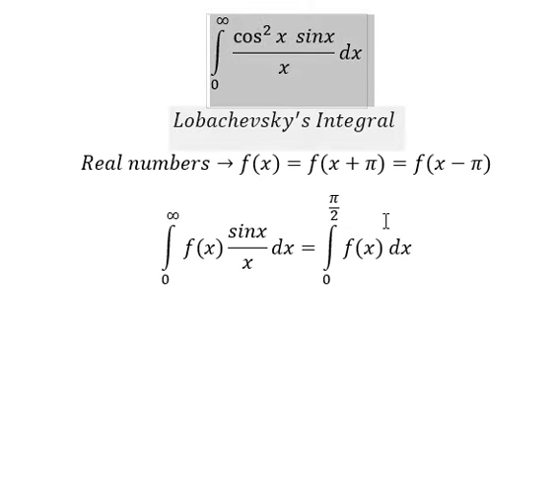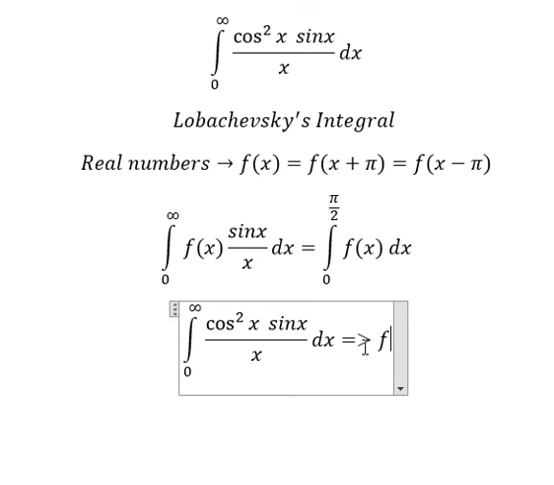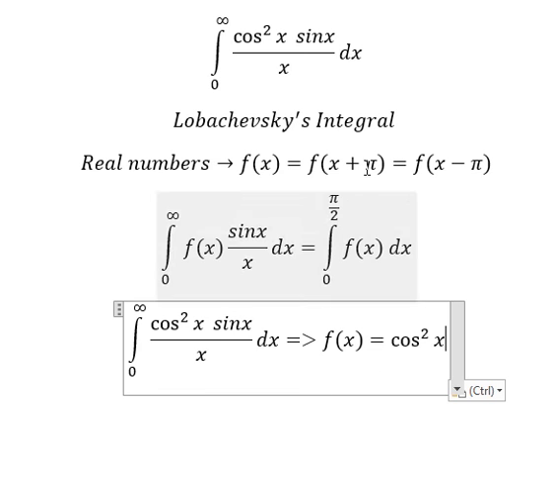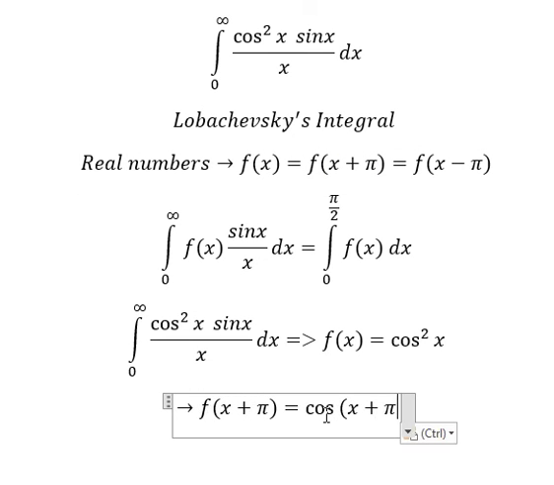So if we look carefully, f of s here is cosine s squared. Now if I put s plus b and s minus b in here, we have cosine of s plus b, everything to the power of 2.